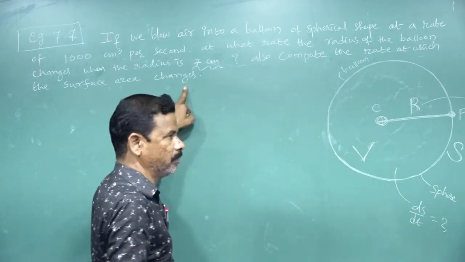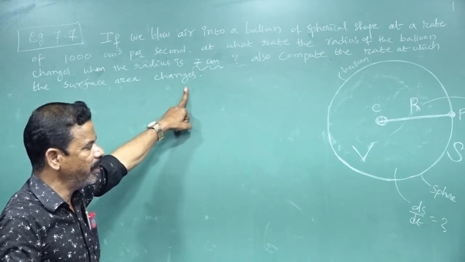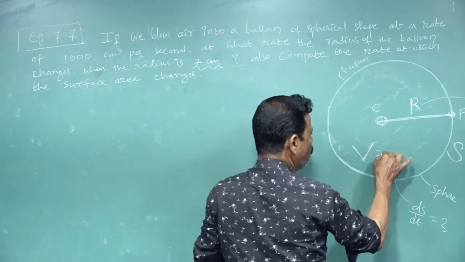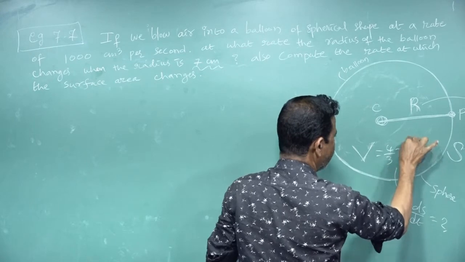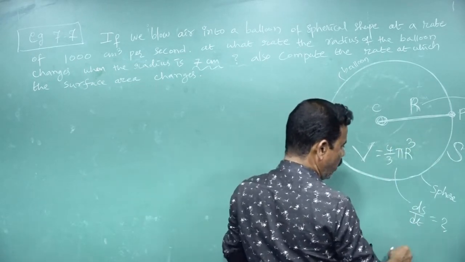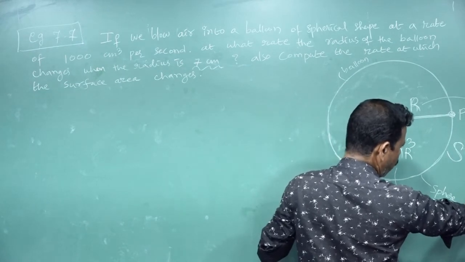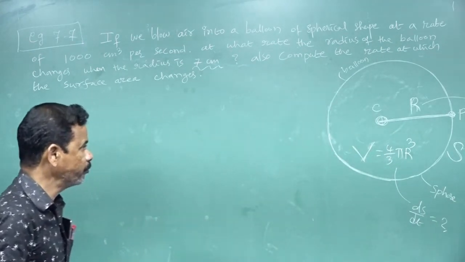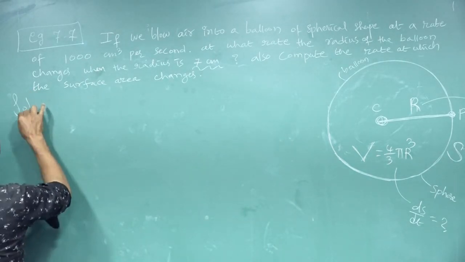There are two questions: dr by dt and ds by dt. So the volume formula is 4 by 3 pi r cube. The S formula is 4 pi r square. Next, solution.